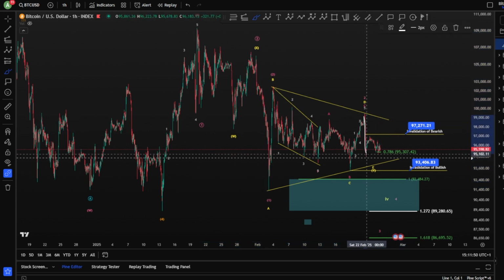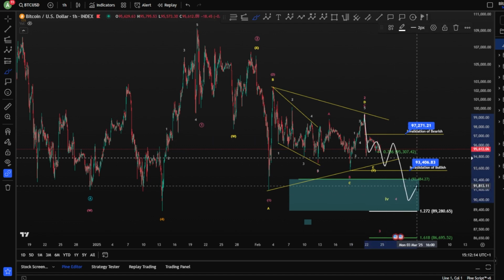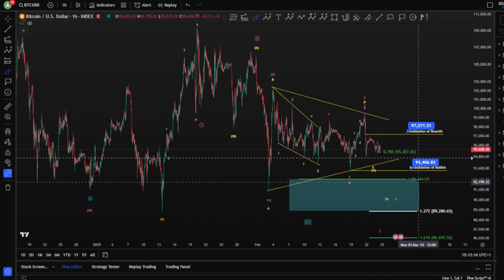I don't know if it's going to finish in an impulse or in a zigzag. It depends on this wave here. If this is a 1, 2, 3, 4, and a 5, it can be an impulse towards the downside, but it can also be your wave 5, which means you're continuing an impulse toward the downside, meaning even lower prices.